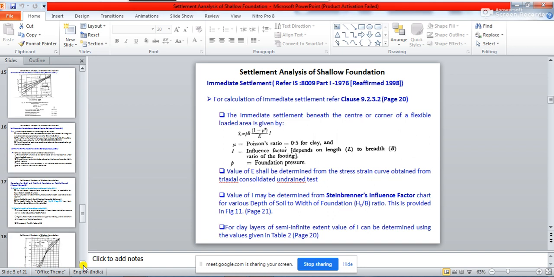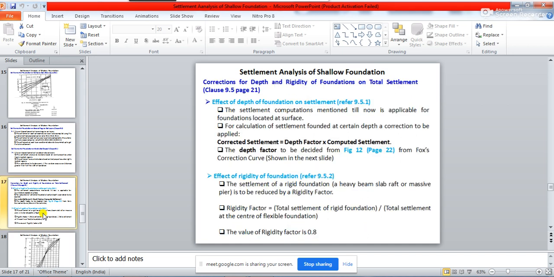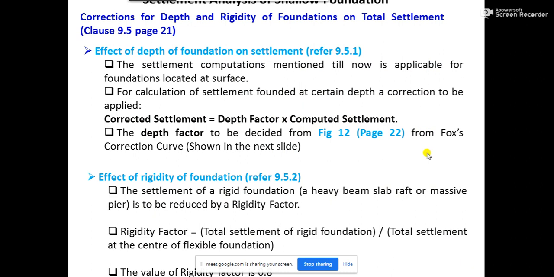Just the other slides we'll discuss later; I'll explain this first, then I'll go back to the other slides. This is the thing you should remember in 8009: the correction for depth and rigidity of foundation on total settlement.